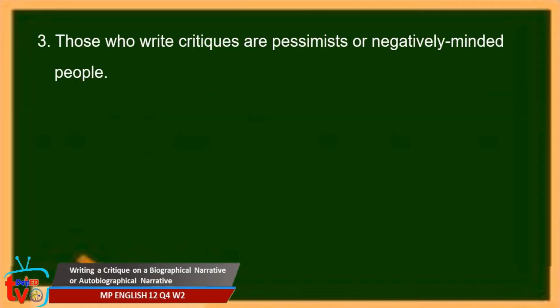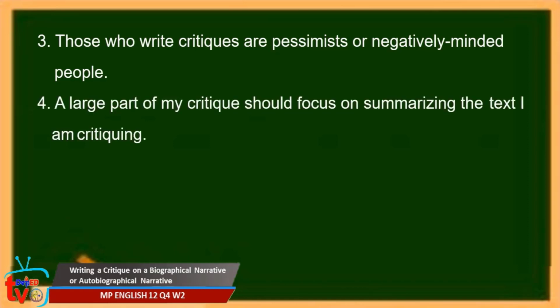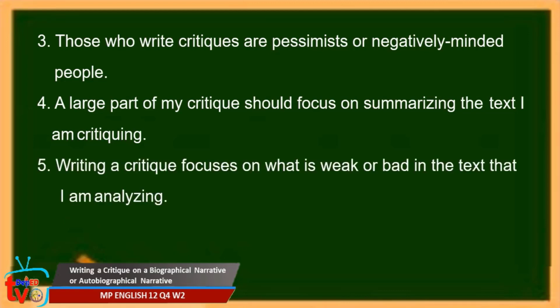Number 3. Those who write critiques are pessimist or negatively minded people. Number 4. A large part of my critique should focus on summarizing the text I am critiquing. And number 5. Writing a critique focuses on what is weak or bad in the text that I am analyzing.